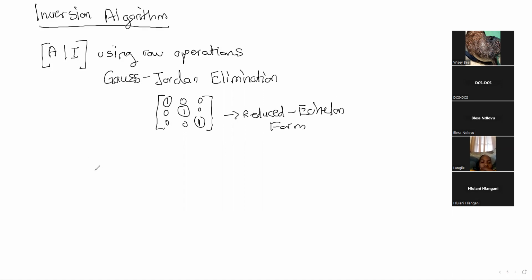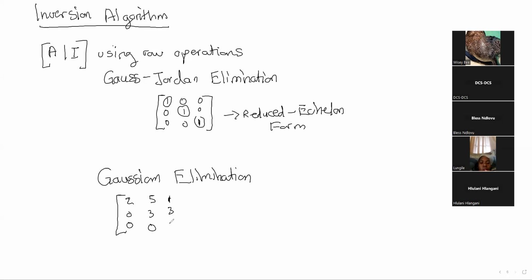While the other one is called Gaussian elimination. In this one, you get something like this after doing the operation. You might get some number here, 0, 0, maybe 5 here, 3, then you get a 0, and you get a 0, let's say 1, 3, and then maybe a 2, right?